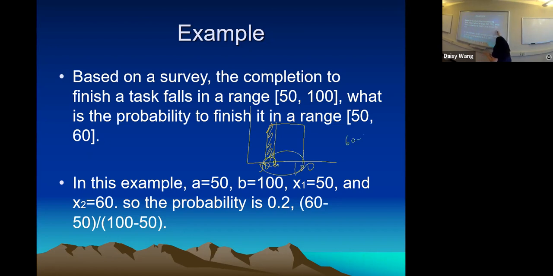So it's 60 minus 50 divided by 100 minus 50. What about the probability between 40 and 60? Still this, because there's no probability there. So it's 20% chance.